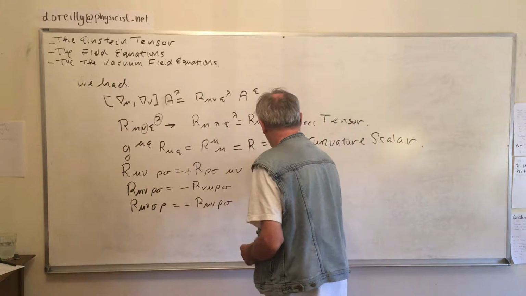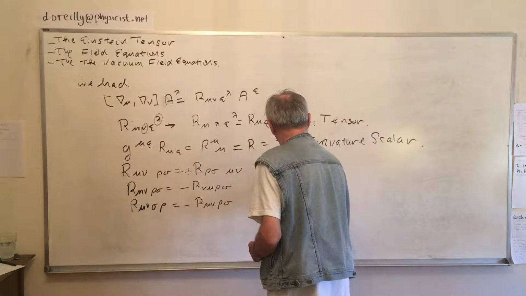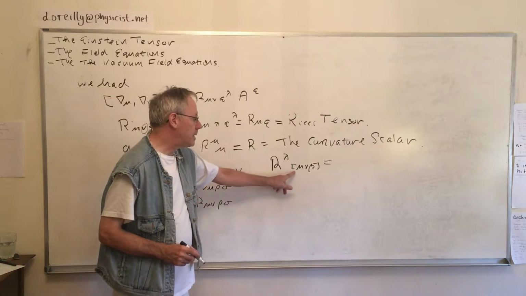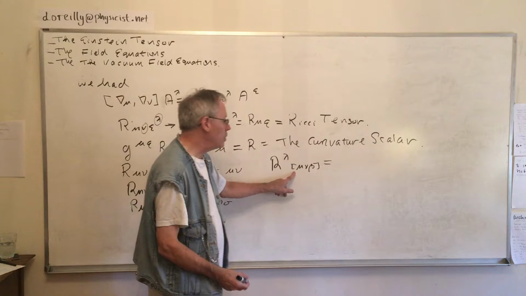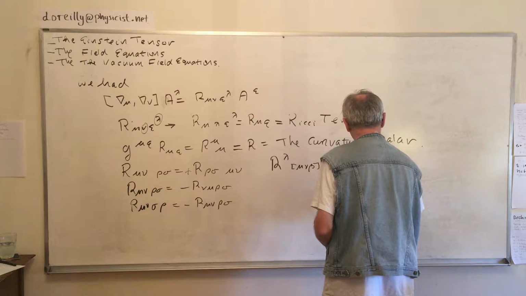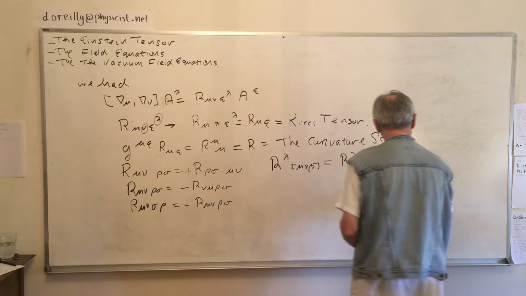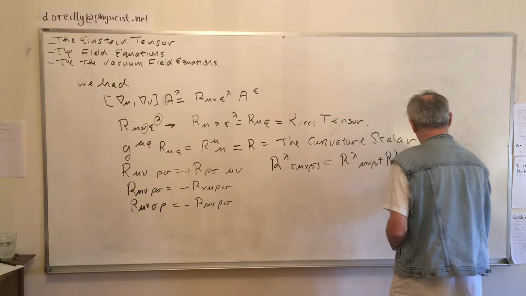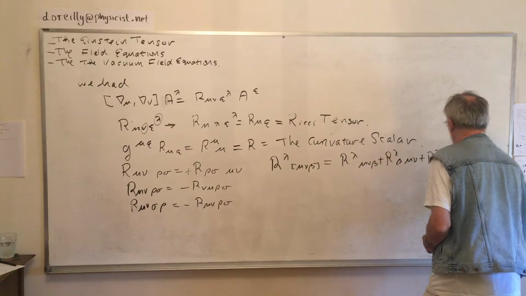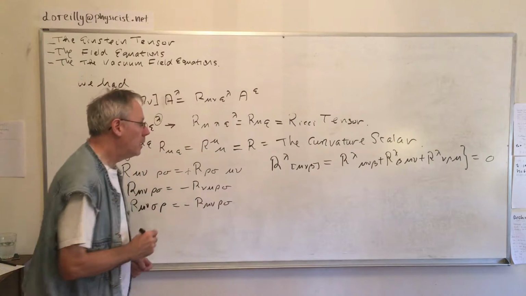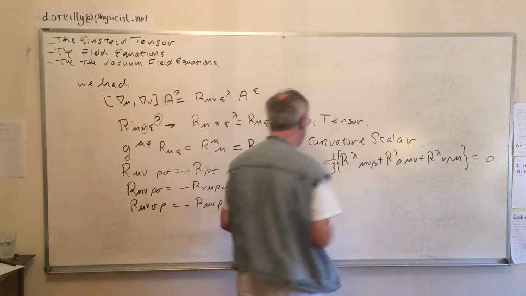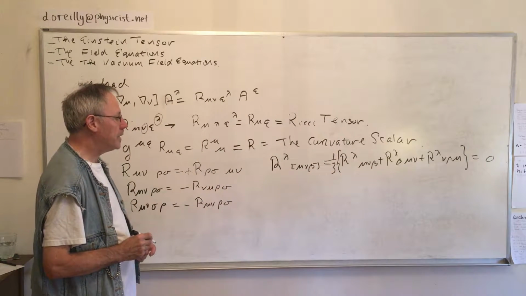And then finally we have this one. I told you how to antisymmetrize these indices, and it reduces. We lose all the negatives and we get R lambda mu beta plus R lambda mu beta plus R lambda mu beta, adding them up to give 1. Now it's not quite correct, there's a factor of 1/3 in here. Okay, antisymmetrization.